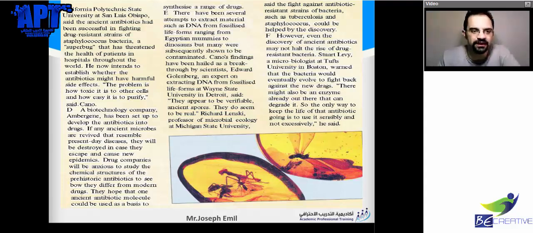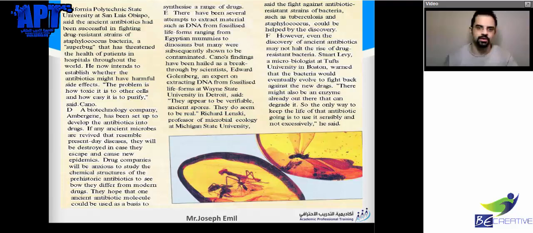At the California Polytechnic State University at San Luis Obispo, said the ancient antibiotics had been successful in fighting drug-resistant strains of Staphylococcus bacteria, a superbug that has threatened the health of patients in hospitals throughout the world. He now intends to establish whether the antibiotics might have harmful side effects. The problem is how toxic it is to other cells and how easy it is to purify.